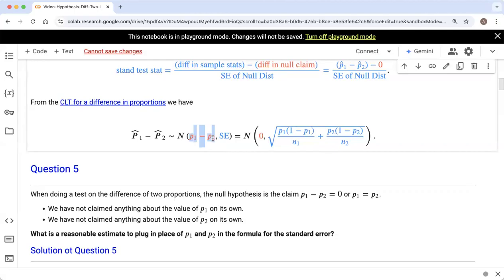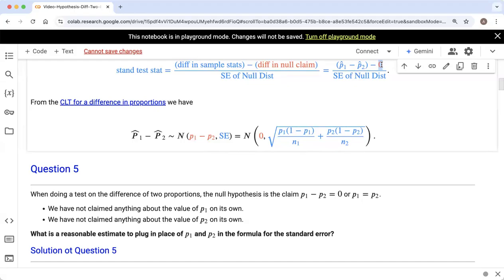So we know where it's going to be centered. We know that in the numerator, when we calculate the standardized test statistic, we take our difference in sample proportions and subtract 0 from that, because that's the center of our null distribution. The question is, what is the standard error? We can't really use our assumption in the null hypothesis to help us calculate it, since the null hypothesis doesn't claim anything individually about P1 or P2.